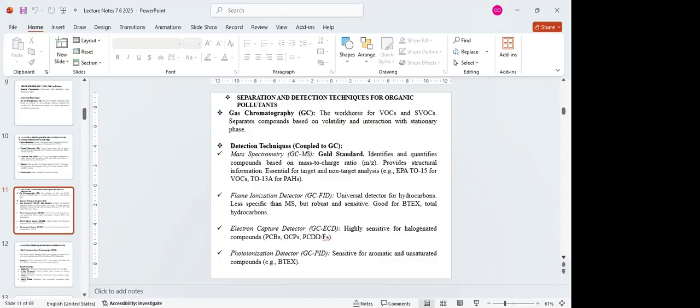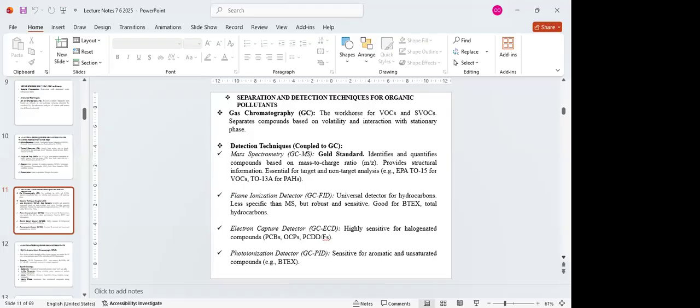It identifies and quantifies compounds based on mass to charge ratio and provides structural information, because by the time it looks at the mass to charge ratio, it matches that with the GC's result of the structural features that it has.